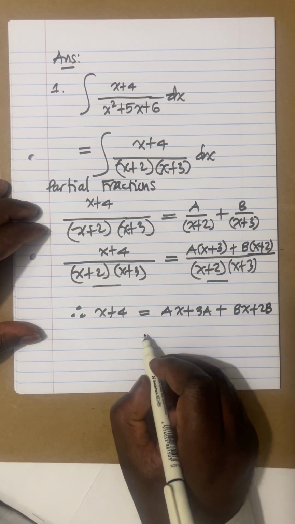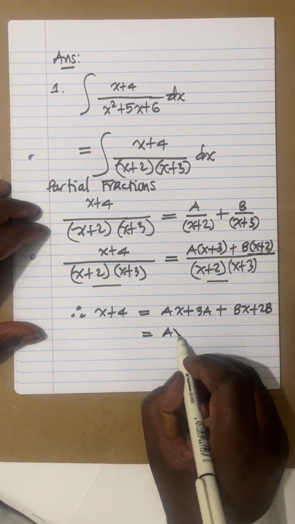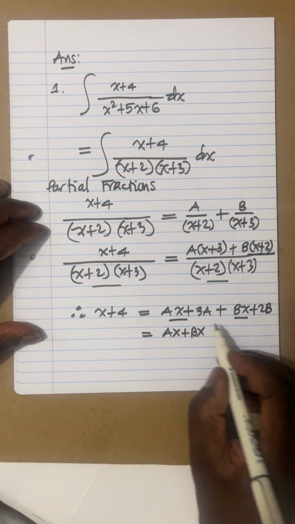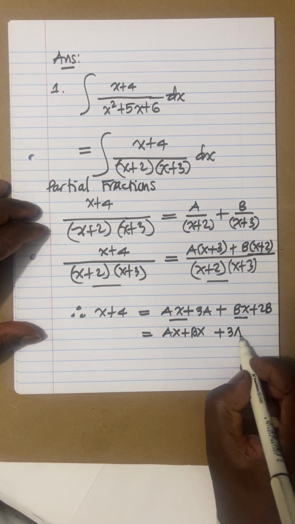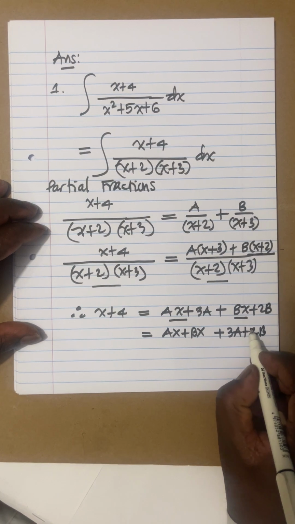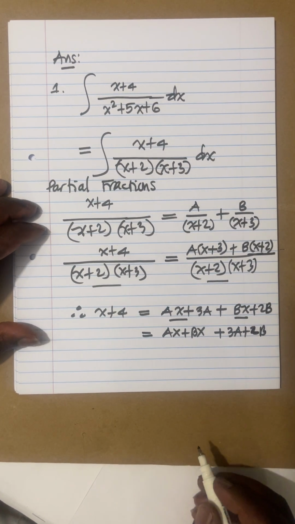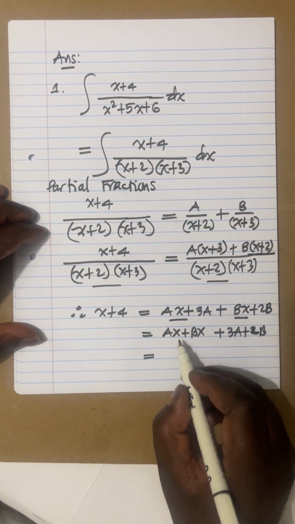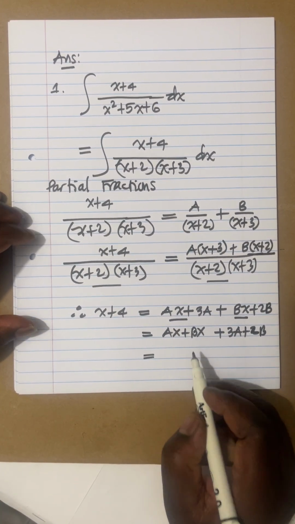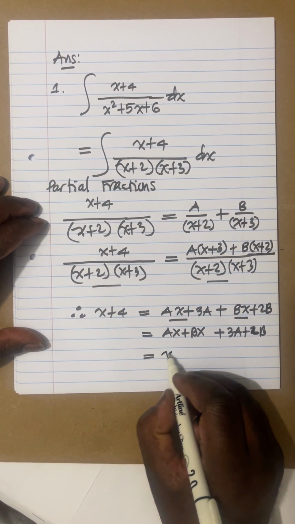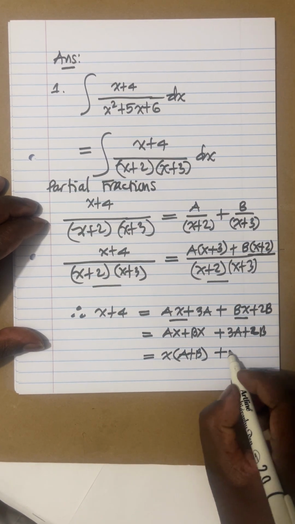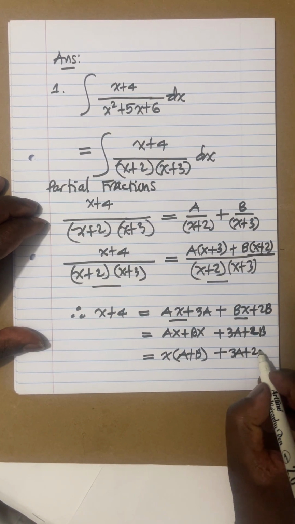Now let's collect like terms on the right hand side. So Ax plus Bx, that term and that term, and then plus 3A plus 2B as a constant term at the end there. Now notice this can be factorized. Factorizing these two terms, Ax plus Bx, the answer is x open brackets, A plus B. And then here you just have 3A plus 2B.